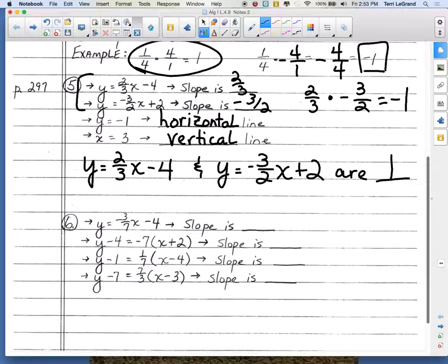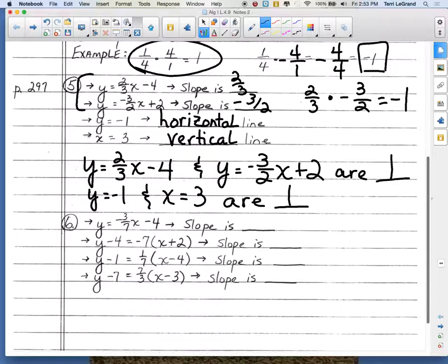So that's our verification. Instead of having to identify their slopes, because we can't multiply their slopes, this one, y equals -1, has a slope of 0, and x equals 3 has an undefined slope. We can't multiply those. But our definition up above said they will be perpendicular because one is horizontal and the other is vertical.